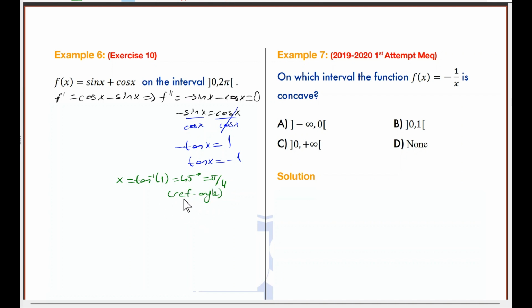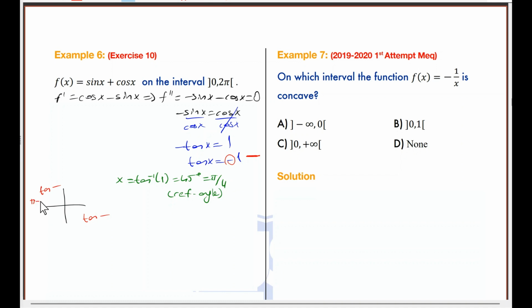Remember, this is not our original angle. This is going to help us find the original angle. In which quadrants is tangent negative? Tangent is negative in the second and in the fourth. How do you find the original angle in the second?